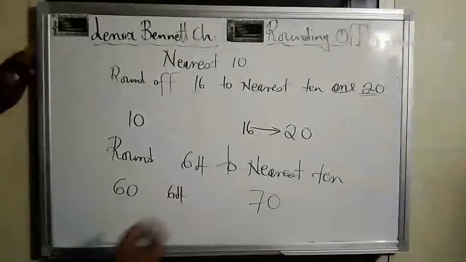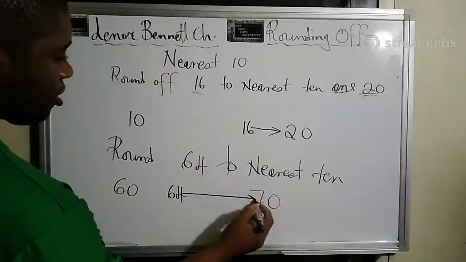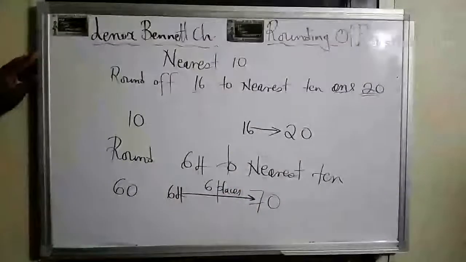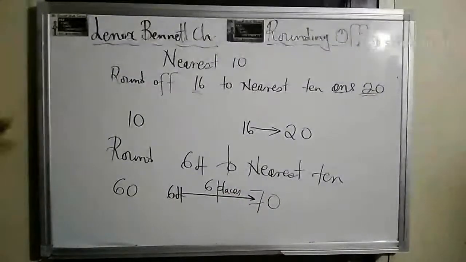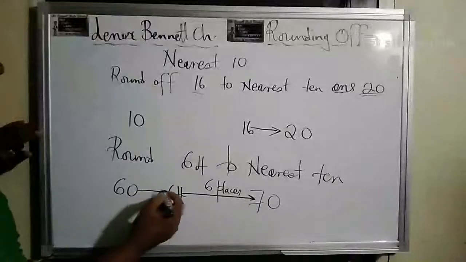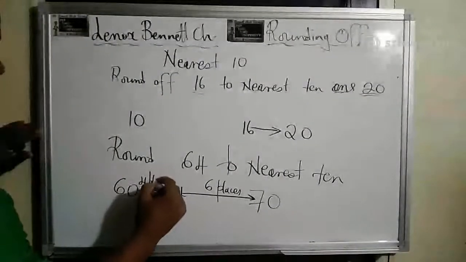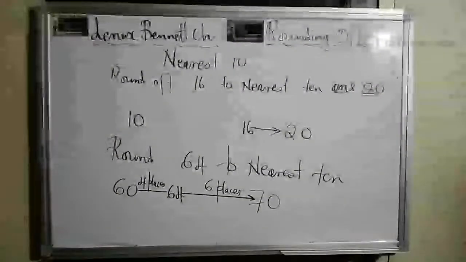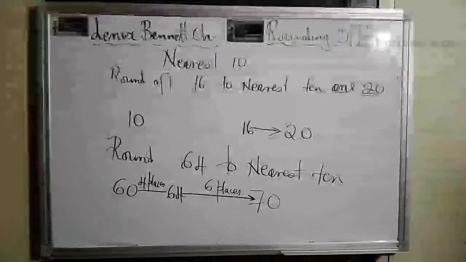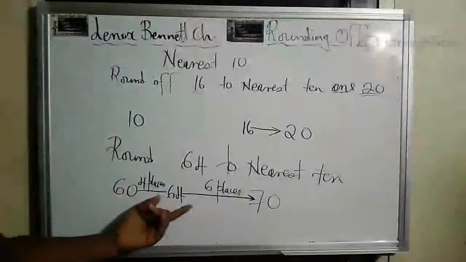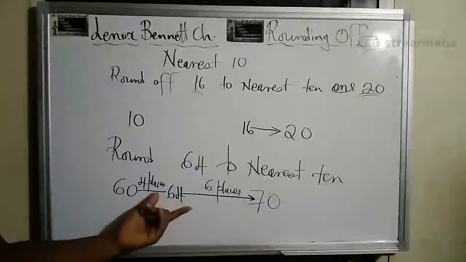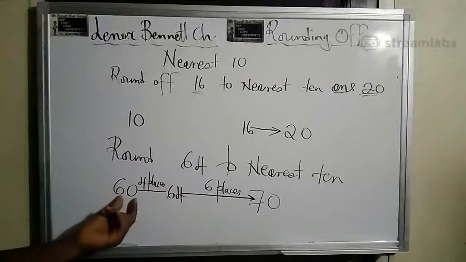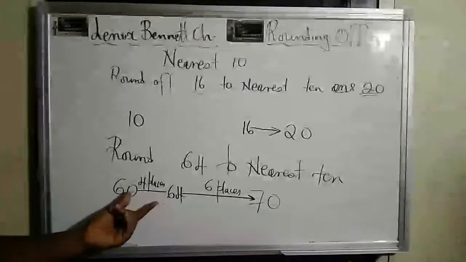You would have to move 6 more places to get to 70, but if you go back to 60, you would only need 4 places. So they devise a plan and say, with rounding off, if it's 4 or less, we round down, because that is closer to the actual number it's coming from.